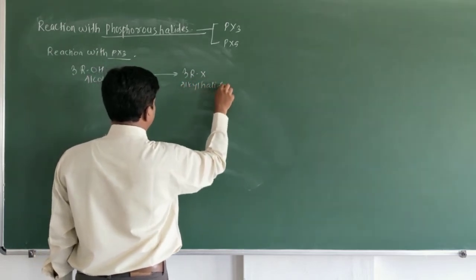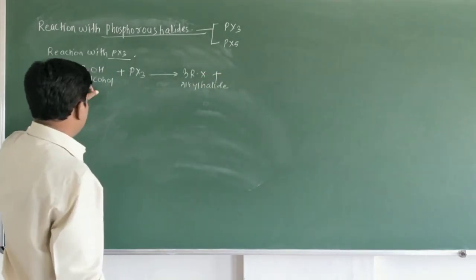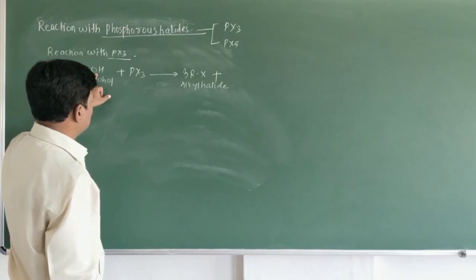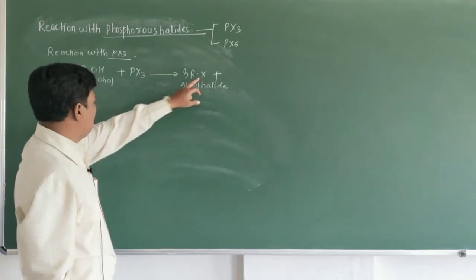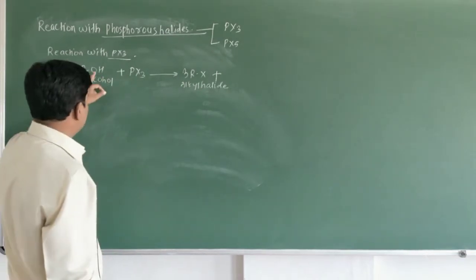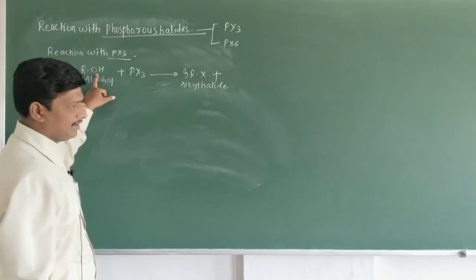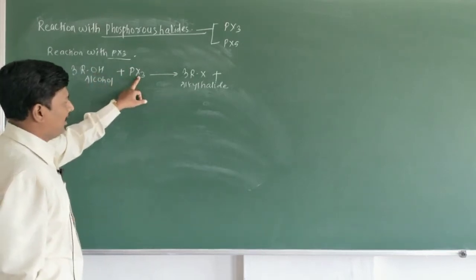And in this reaction, which part remains? In place of this OH hydroxyl group, X is present. Actually it is a nucleophilic substitution reaction. Why? Because in this reaction OH is a nucleophile and this nucleophile gets substituted by the X nucleophile.